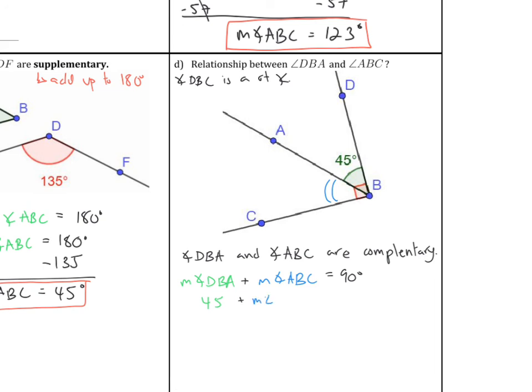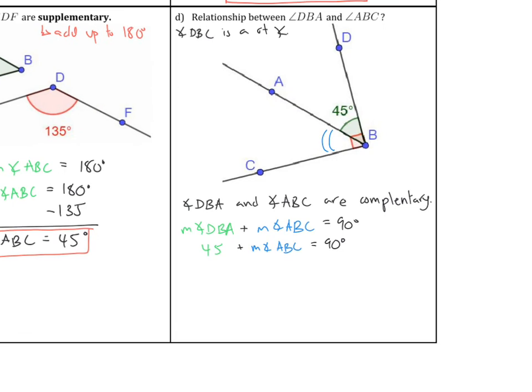Adding the measure of angle ABC should equal 90 degrees. I can now go ahead and subtract 45 on both sides. This cancels out my 45 on the left side, and I am left with the measure of angle ABC is equal to 45 degrees.